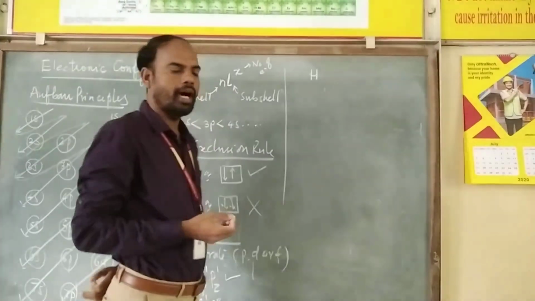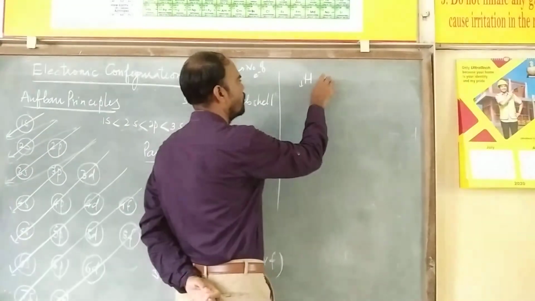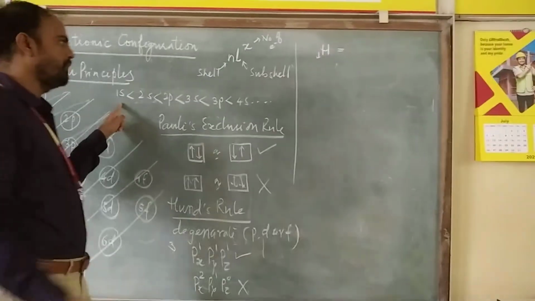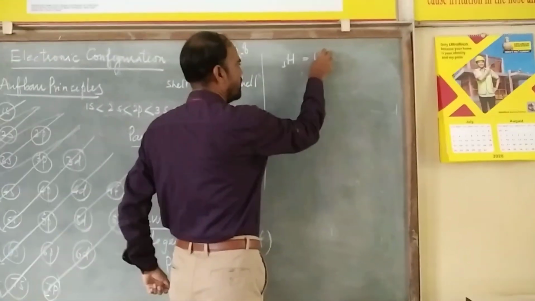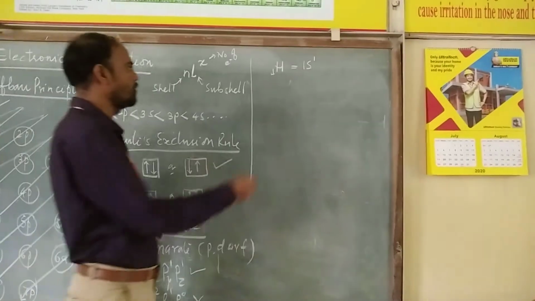We will begin with hydrogen, with 1 electron in its atom. According to the above principle, the first shell should be filled first, that is 1s. So 1s1 is the electronic configuration of hydrogen.